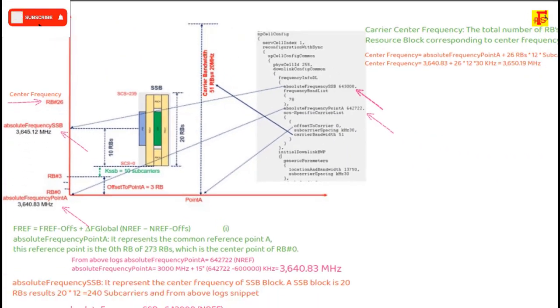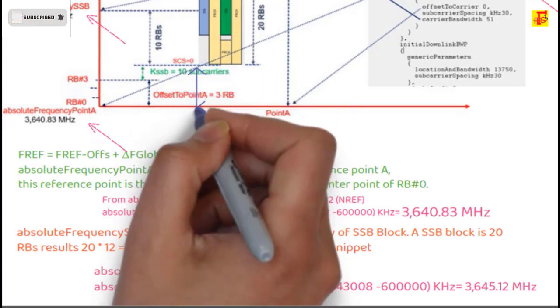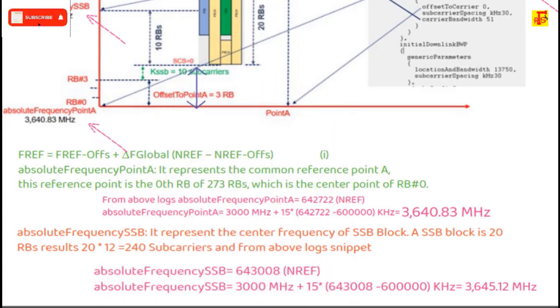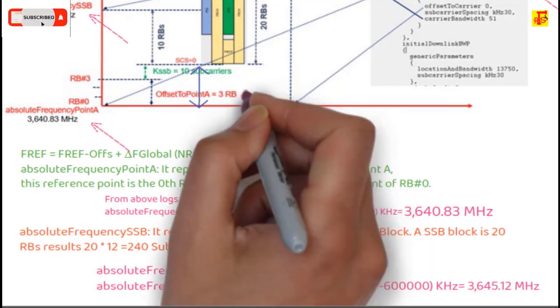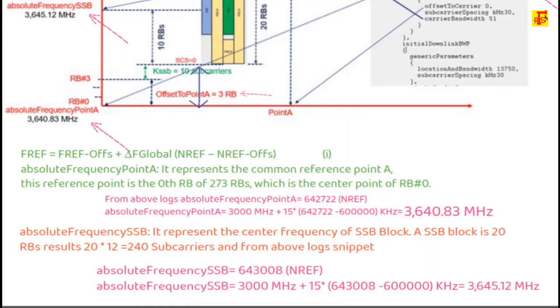Now position of Ssb from point A. Position of Ssb from point A. So offset to point A comes in the SIB message. How can we define the offset to point A? It defines the frequency offset between point A and the lowest subcarrier of the RB overlapping with Ssb.